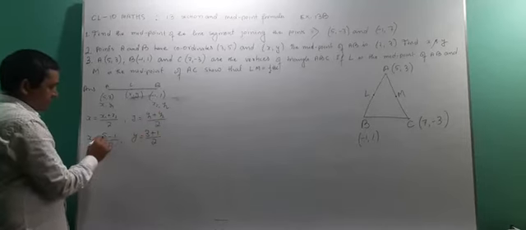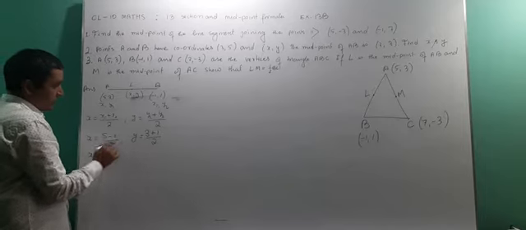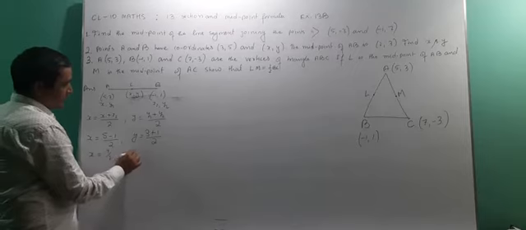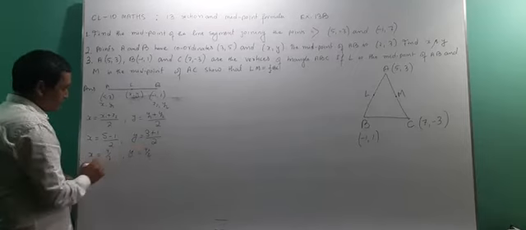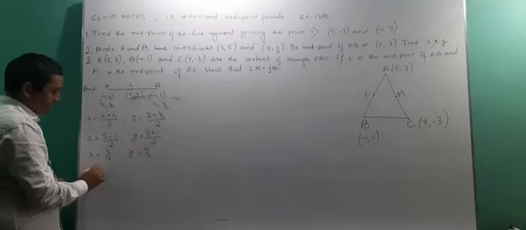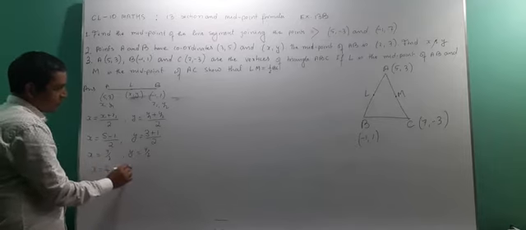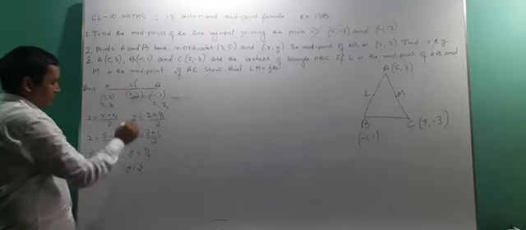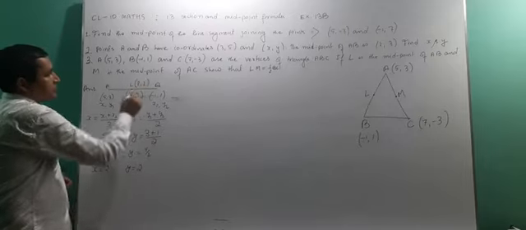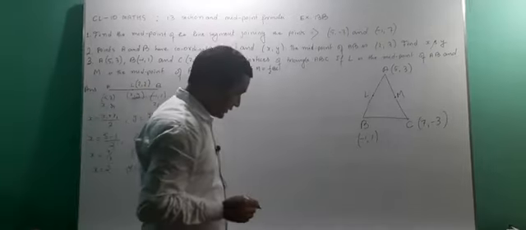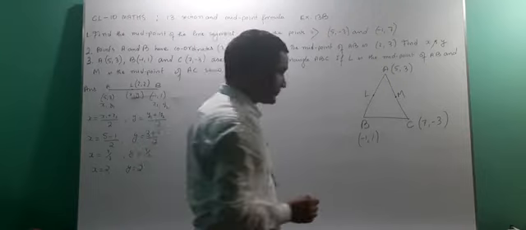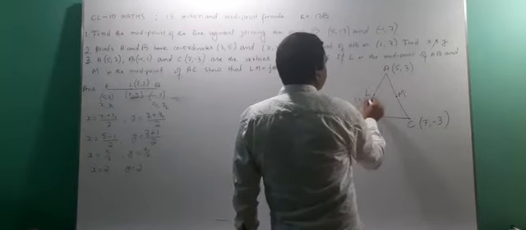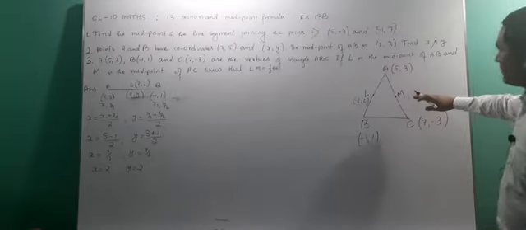Then x equals 4 divided by 2, and y equals 4 divided by 2. After cancellation, x equals 2, y equals 2. That means we got the coordinate of L. Coordinate of L is 2, 2.